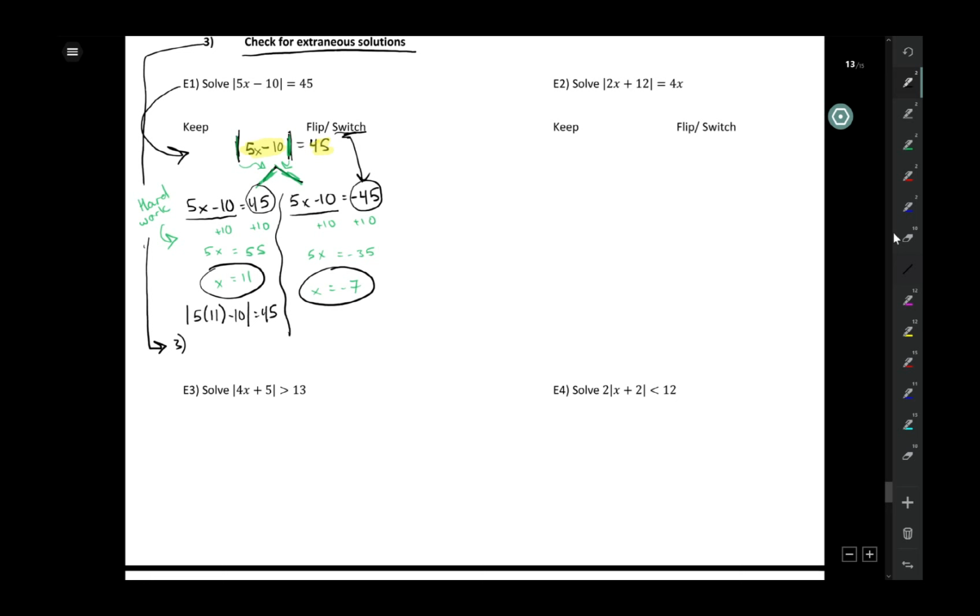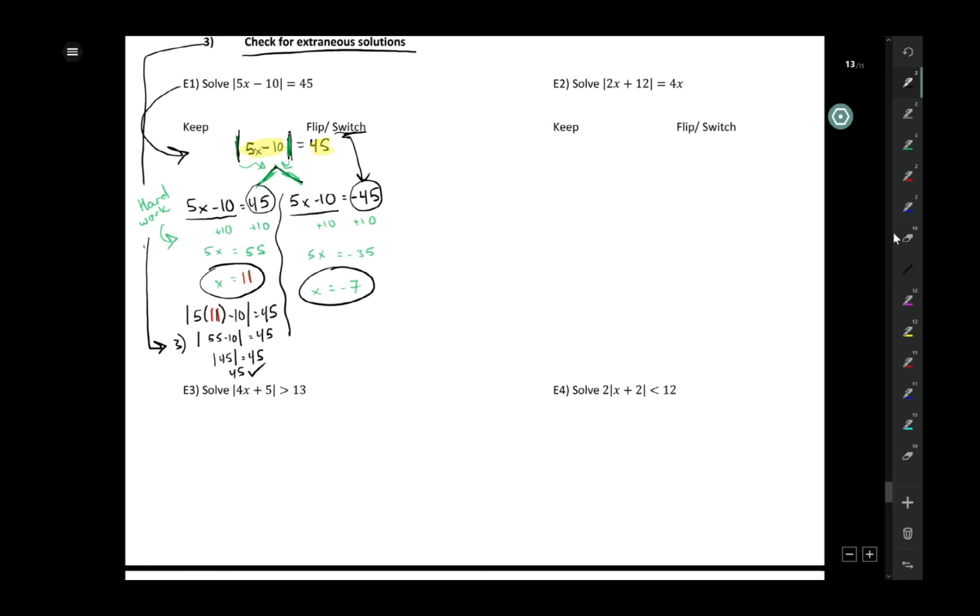I just substituted my 11 right back in for x. Sometimes, the reason we have to check is you get answers that aren't actually true. But for us, the absolute value of 55 minus 10 equals 45. We have the absolute value of 45, 45, and that one works out.